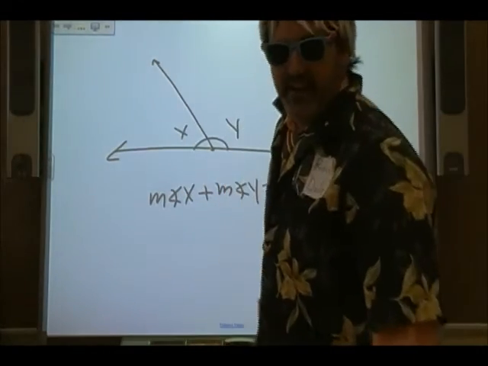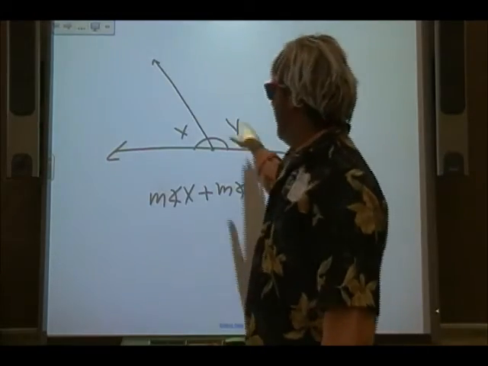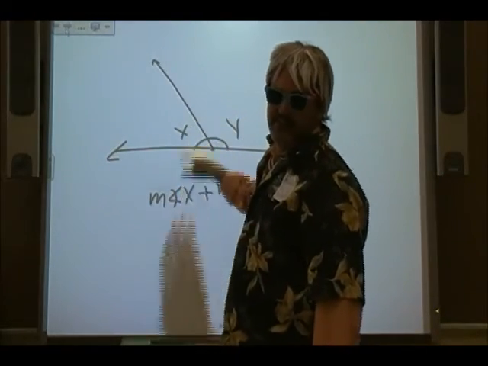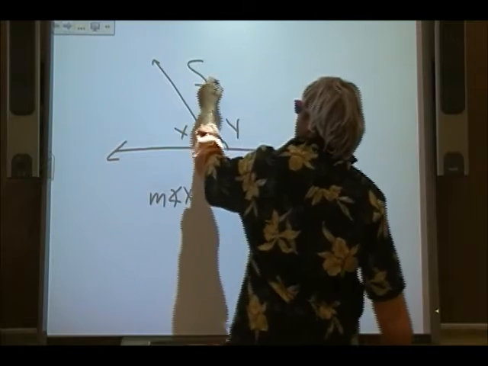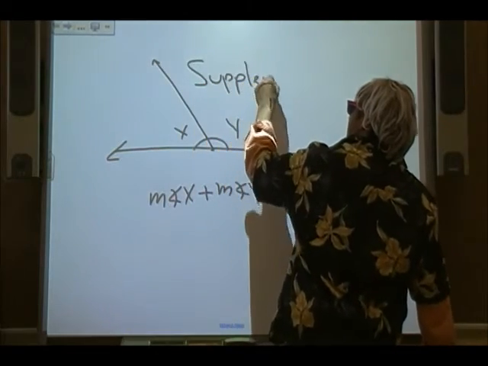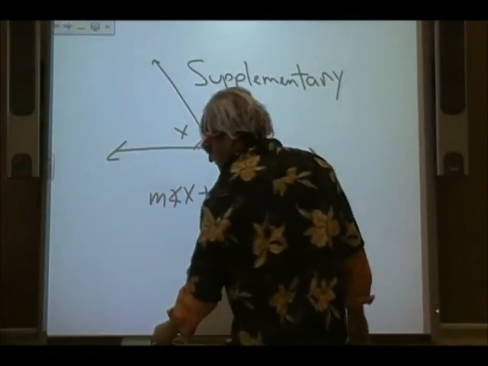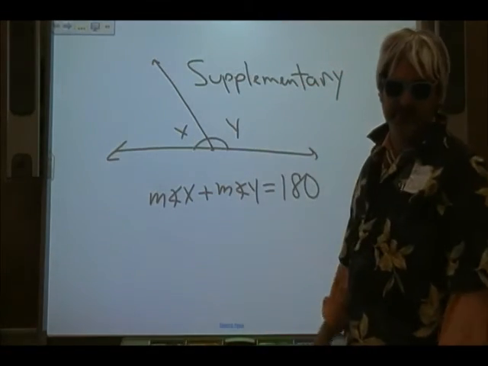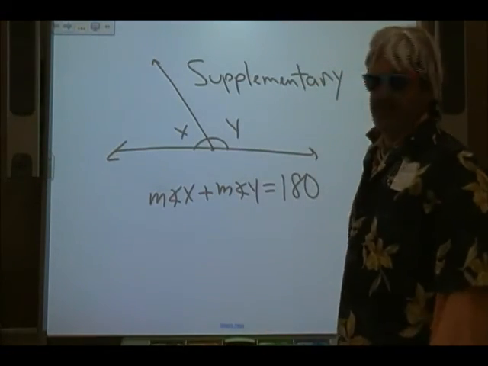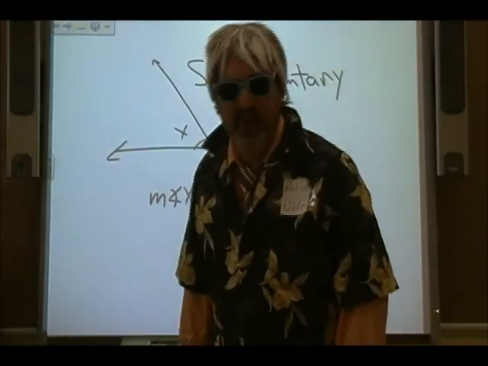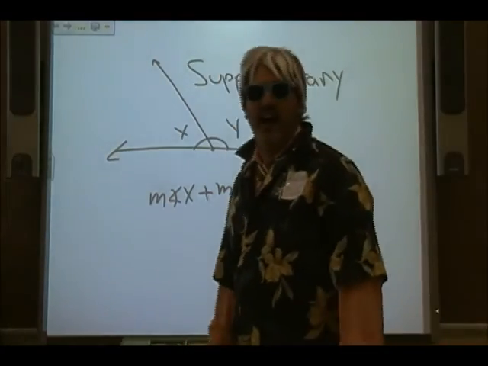Together, they make 180. If you have two or more angles that make 180 degrees, they are called supplementary. They are supplementary angles. And that's it. Those are the main types of angle pairs for high school.